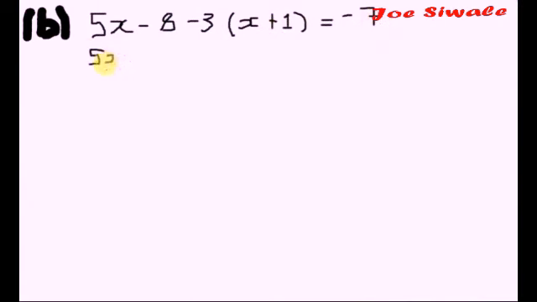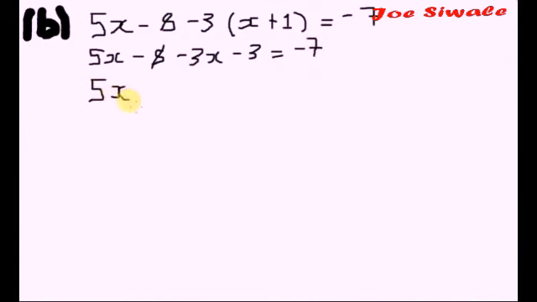So the first thing is to open up the brackets in this question. So I'll say 5x minus 8, negative 3 multiplied by x, that's negative 3x. Negative 3 multiplied by 1, that's negative 3, is equal to negative 7.